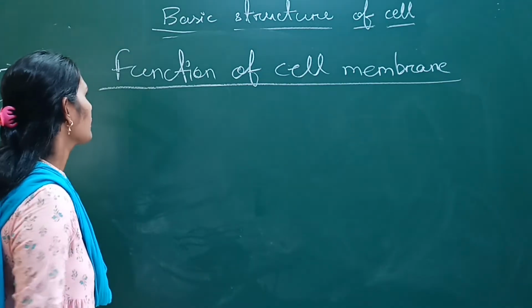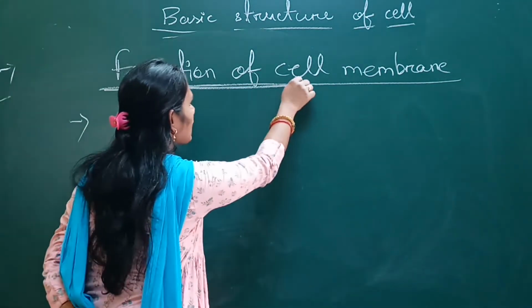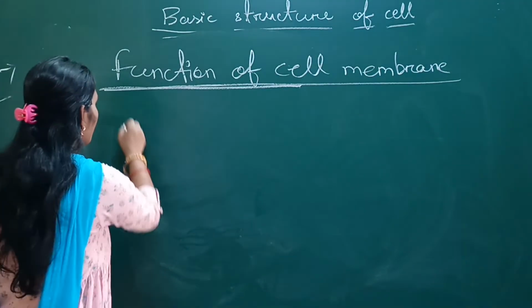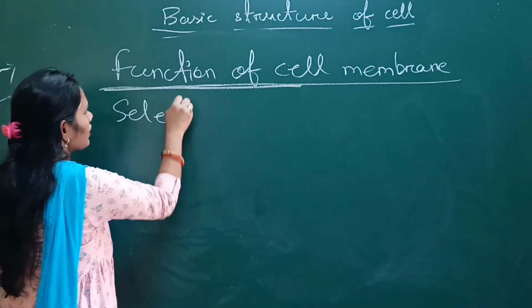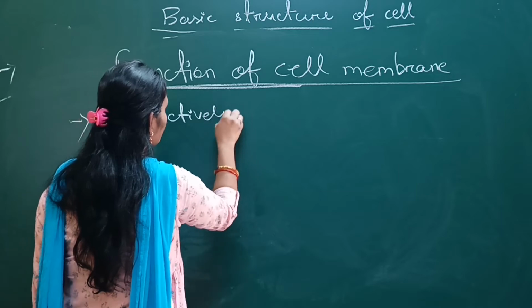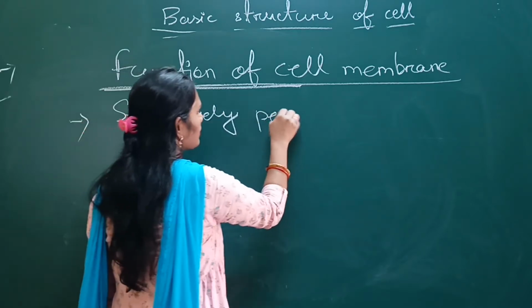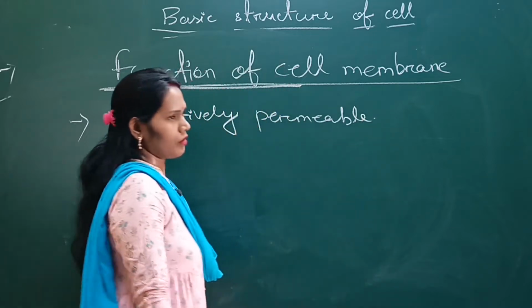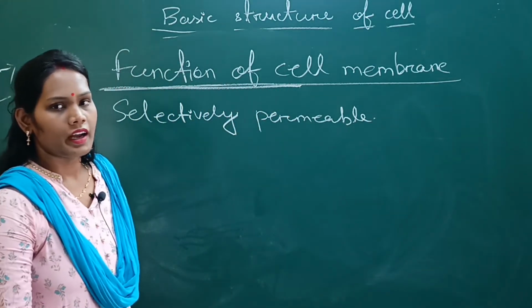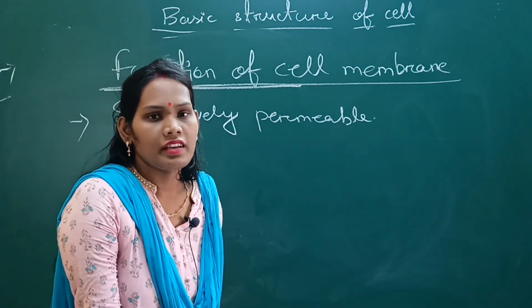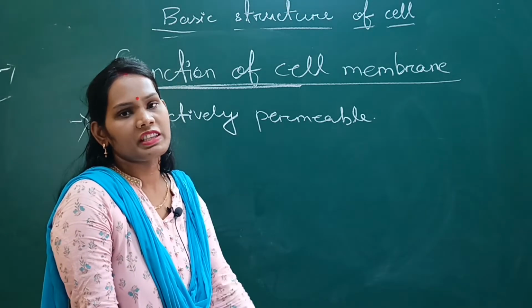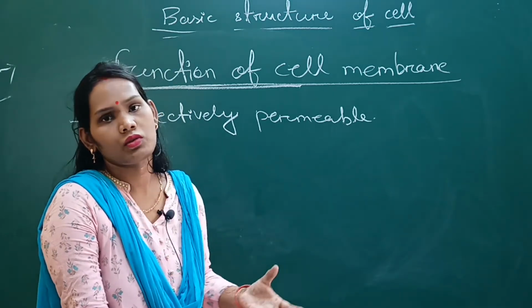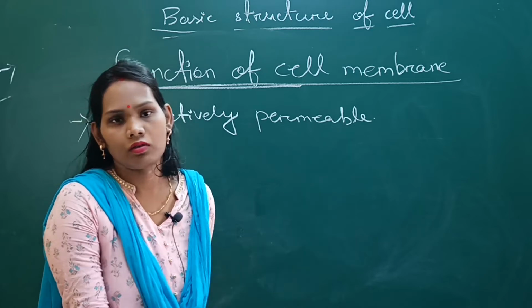So let's know about the function of the cell membrane. First of all, it is the selectively permeable membrane. Why? I already said that it allows only some specific substances to pass through in and out of the cell.